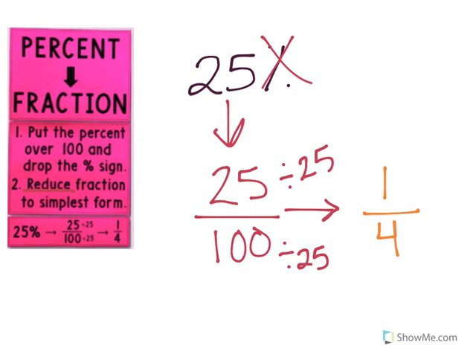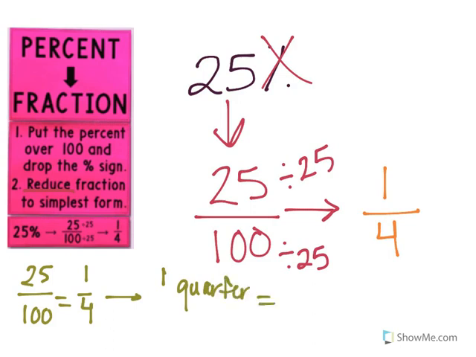Another way to help us remember the rule with 25% and quarters is 25 out of 100 is equal to 1/4. Just like if you have 1 quarter, you have 25 cents.